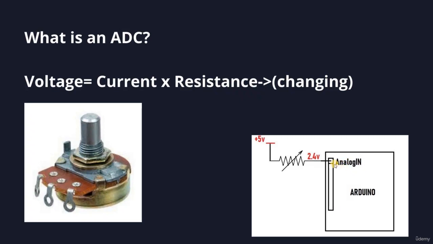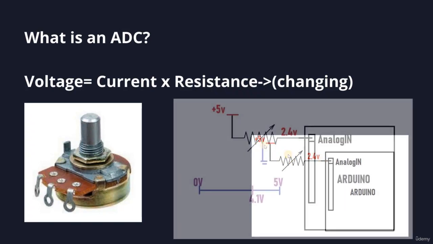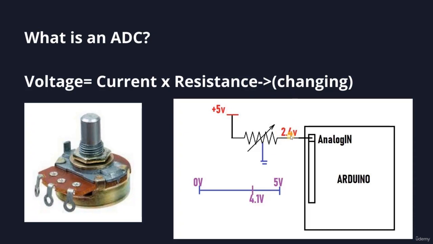The Arduino has inputs that are called analog inputs. We've studied digital inputs before, and we connected switches to them. A switch can conduct either 5 volts or 0 volts. But an analog input can read a whole range of values, all between 0 and 5 volts. In our case right here, the 5 volts is being decreased to 2.4, and the Arduino is taking this 2.4 and converting it to something binary.